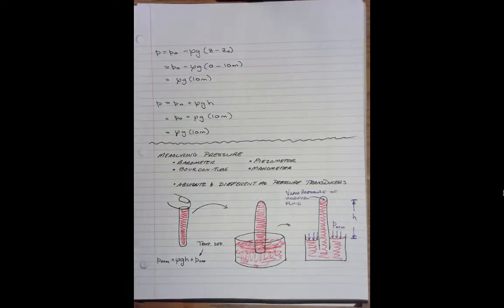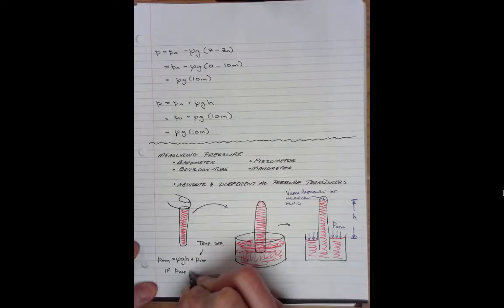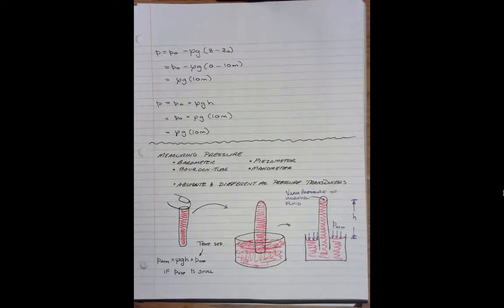And remember back earlier in the course when we were looking at the fluid properties, we had tables that showed the vapor pressure, at least of water, as a function of temperature. Generally, the vapor pressure is pretty small, perhaps just a few percent of the atmospheric pressure.